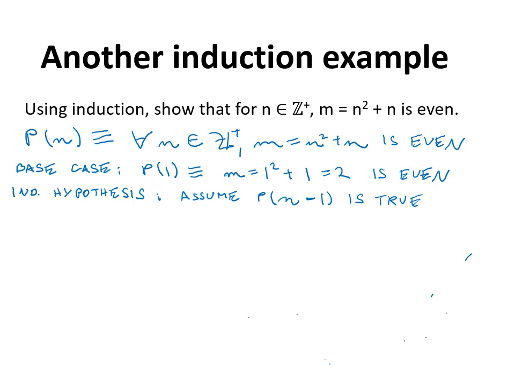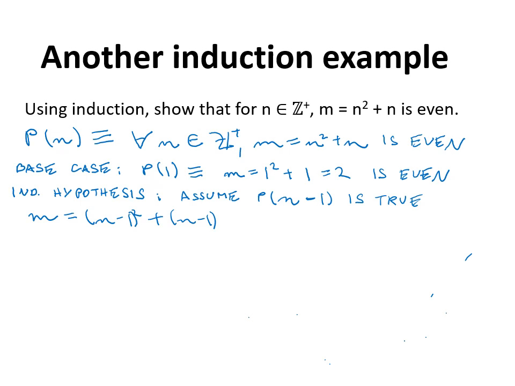And if we write this out, it means that m, which is equal to n minus 1 squared plus n minus 1.